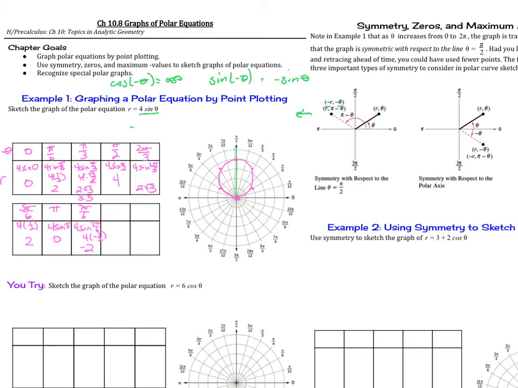We plug in negative r equals 4 sine of negative theta. Notice what happens: we get negative r equals negative 4 sine theta. Then divide by negative, and you get r equals positive 4 sine of theta. So we get the same exact equation back, and therefore it is symmetric with respect to the line theta equals pi over 2.